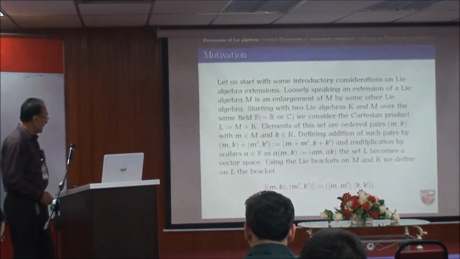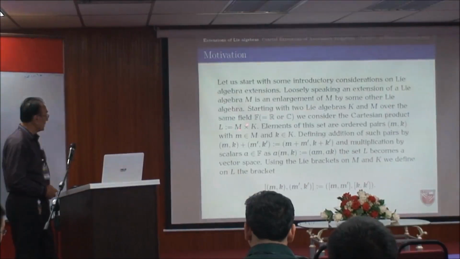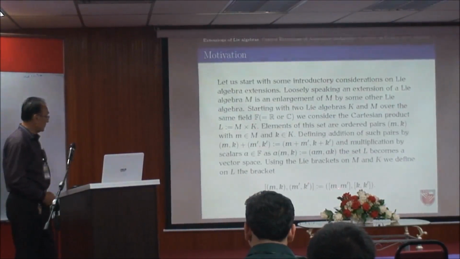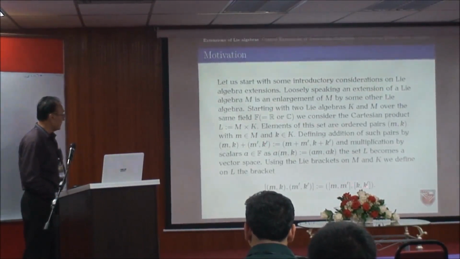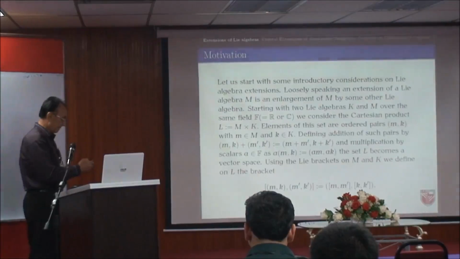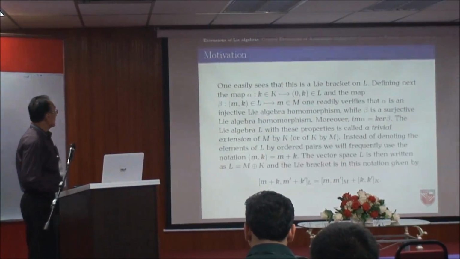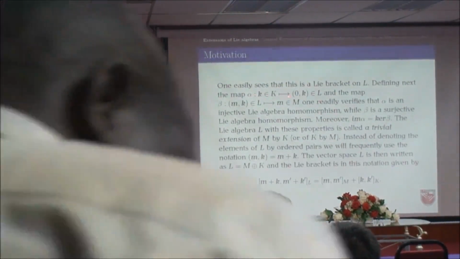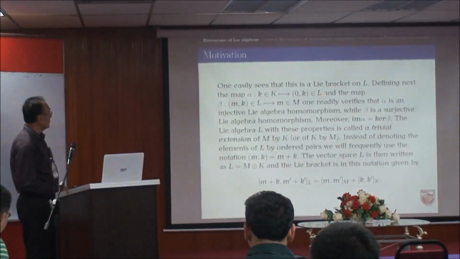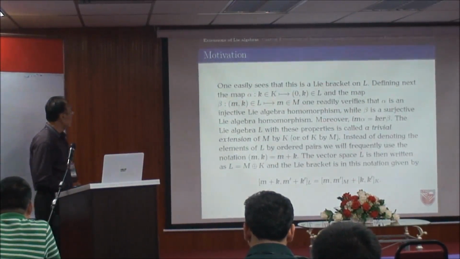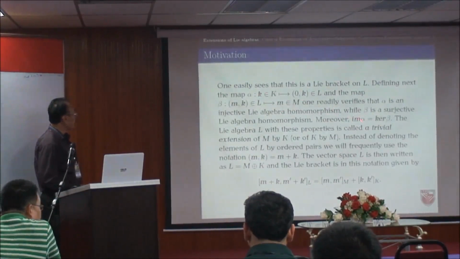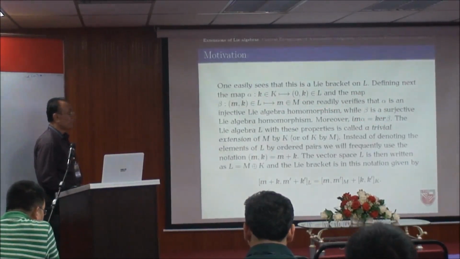Then the bracket operation is given by using the bracket of Lie algebra M and Lie algebra K. So M prime, K prime, they are this bracket in M, this Lie bracket in K. Okay, so if you consider such a function from K to L, then another function from L to M, then you can see the image of alpha and the kernel of beta.